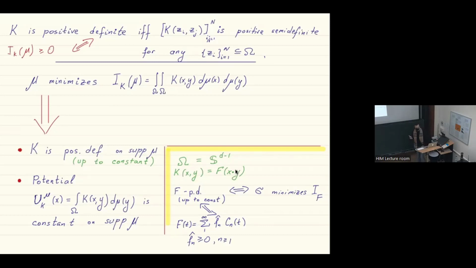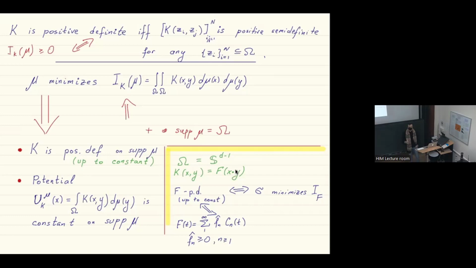Again, the converse is not necessarily true, but if you add the condition that mu has full support, then the converse is also true. So if k is positive definite, the measure is supported on the whole set, and the potential is constant everywhere, then this is the minimizer.